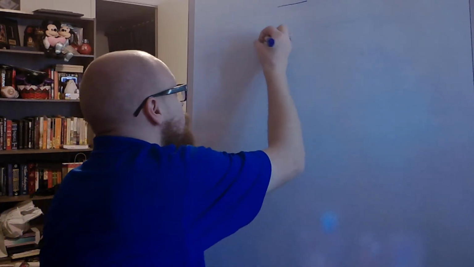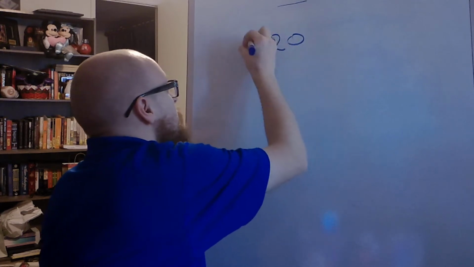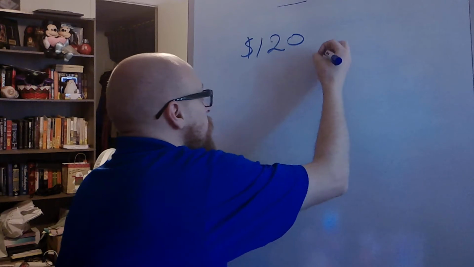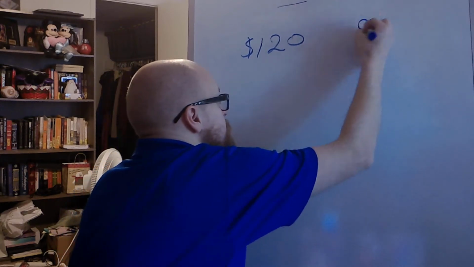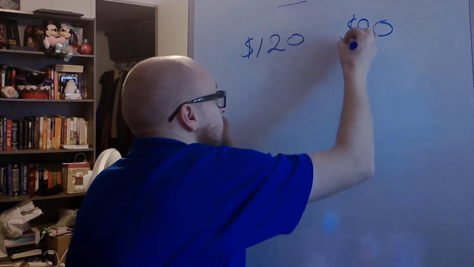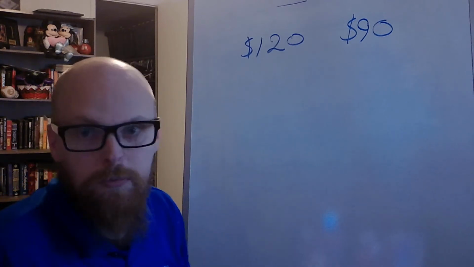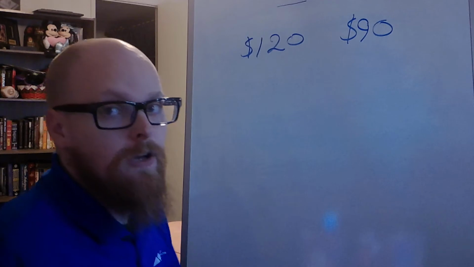Alright, let's say a leather jacket is typically $120. However, it's currently on sale for $90. What is the percent of the sale? How much, what is your percentage off, right? We work this the same way.